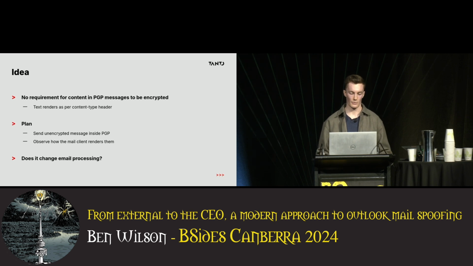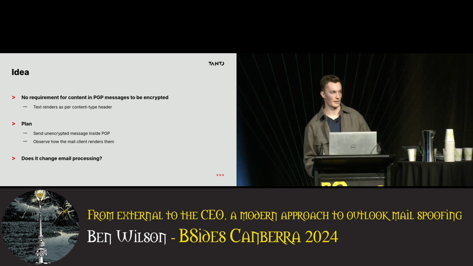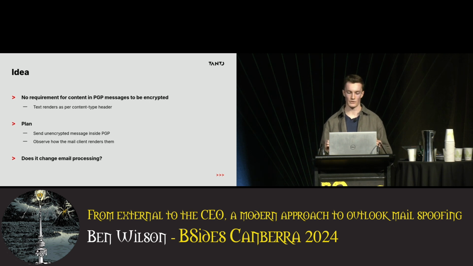So my thought was, okay, what if I send an unencrypted message inside those PGP indicators? How does the mail client process that email? If it's looking for those indicators, what happens? Does it change the way the email is displayed? Does it change the way it's processed?